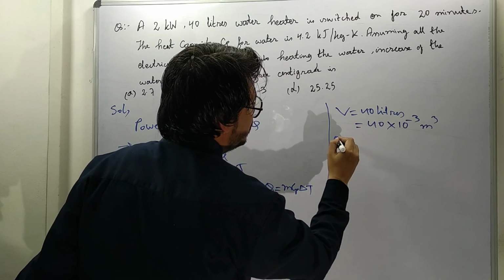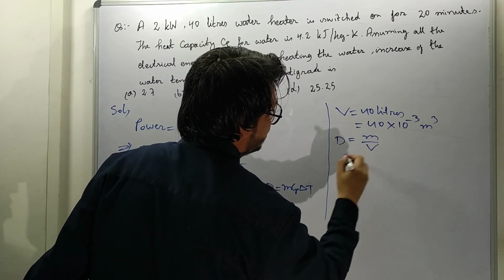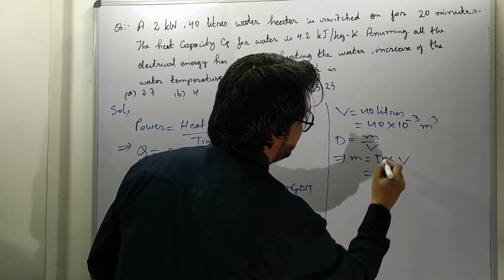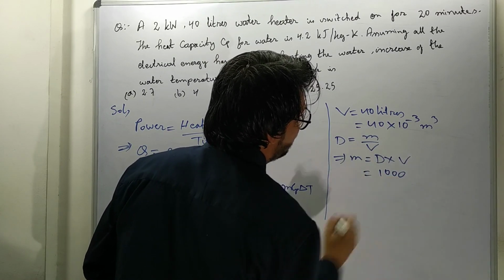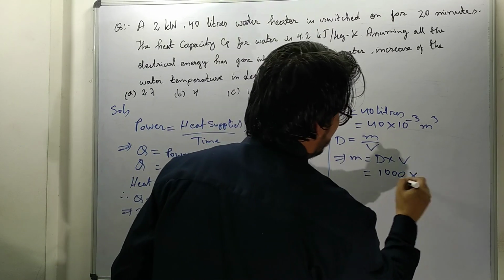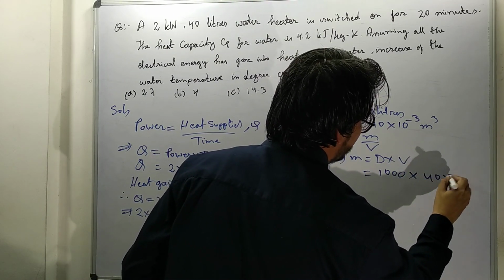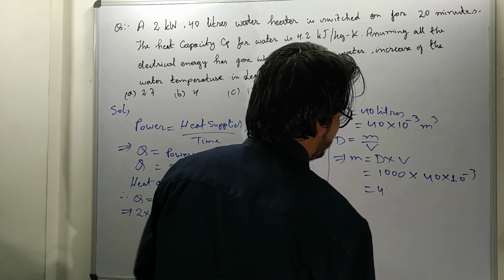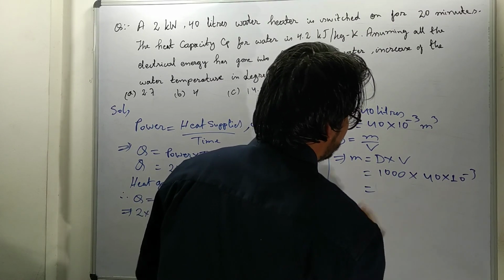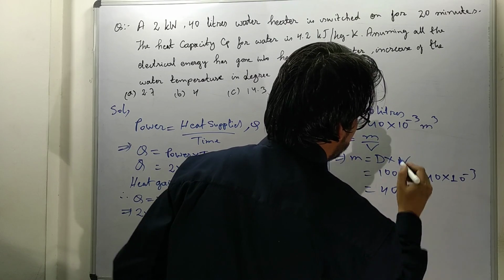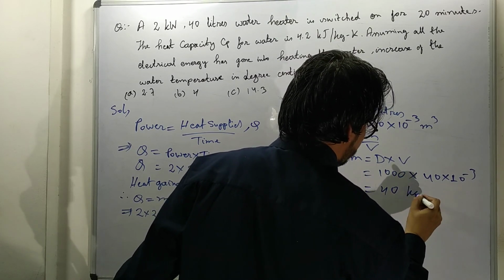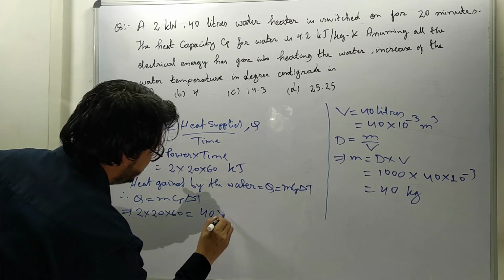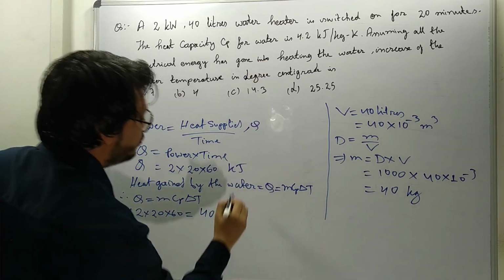We know density is equal to mass by volume. So mass is equal to density into volume. Density of water is 1000. So 1000 into 40 into 10 to the power minus 3. Here we get the mass of water as 40 kg. Substituting the value here, 40 into Cp of water, it is given 4.2.